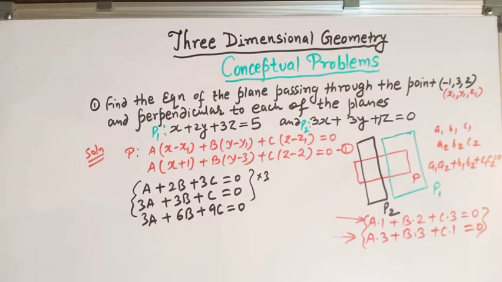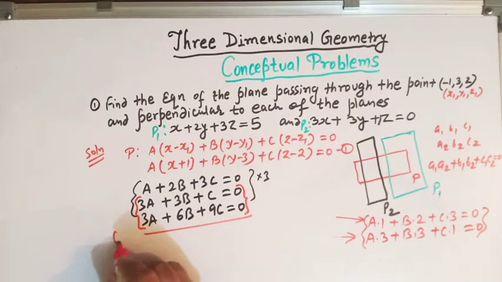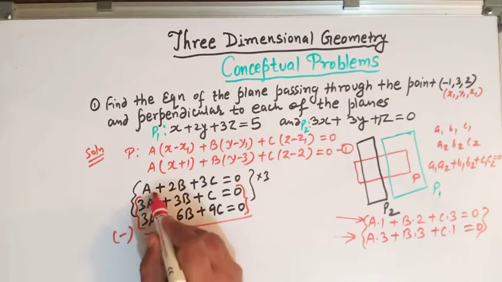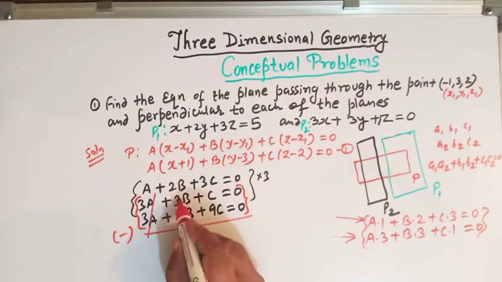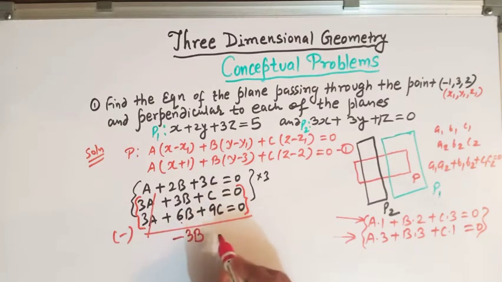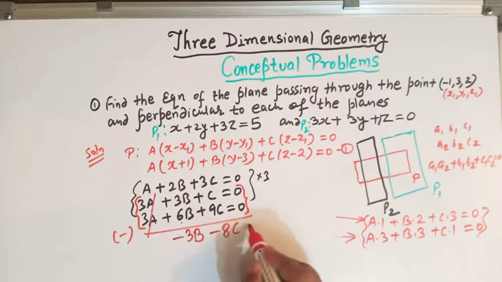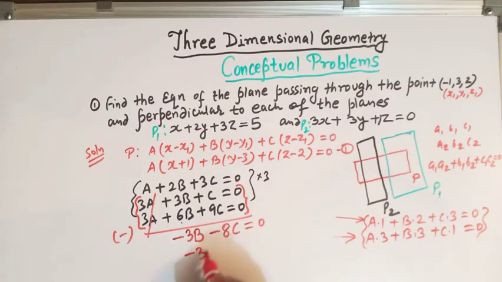Now we will subtract these two equations, right? So if we subtract these two equations, 3a gets cancelled, so we have minus 3b, and from here we have minus 8c is equal to 0. Now we can write minus 3b equal to 8c. Clear?